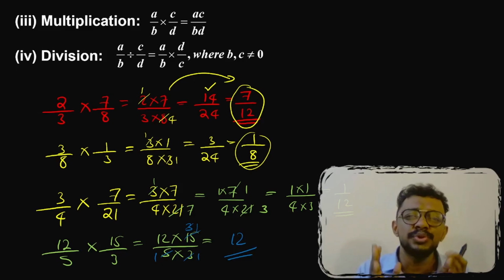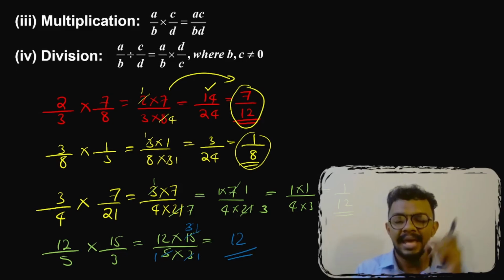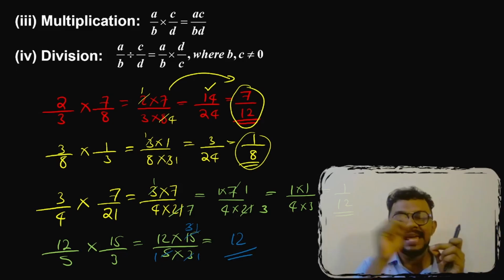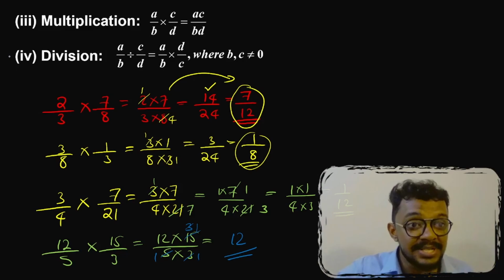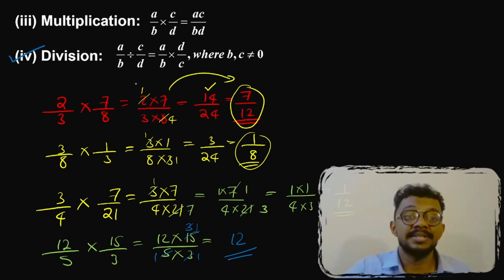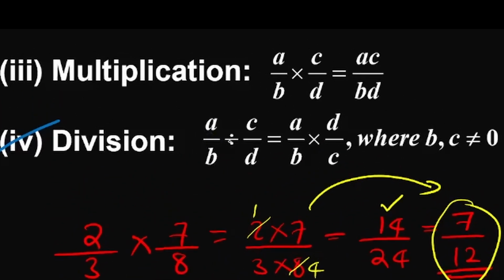Okay, hope you understood how to multiply two fractions: a/b times c/d is ac/bd. Now next question, how to divide two fractions. a/b divided by c/d. It's not a big deal, but the strategy is: a/b, the second number I will find the reciprocal of it.